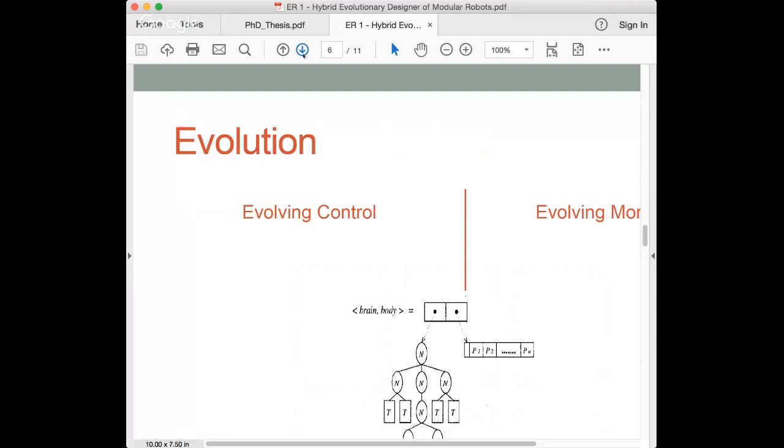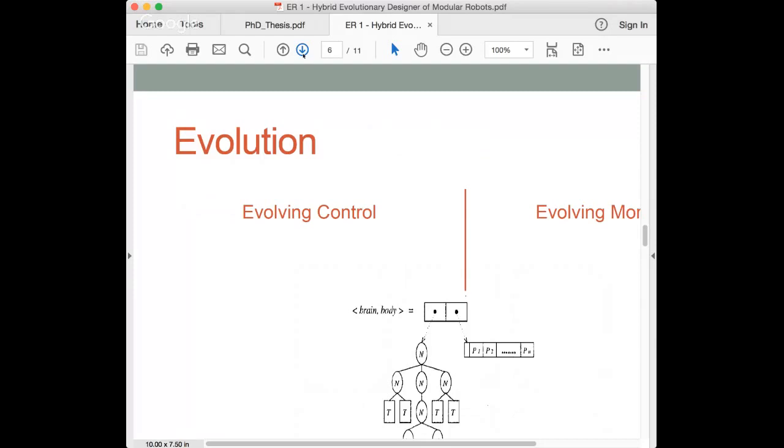The brain is represented by a parse tree structure, as you can see, to express the genotype of the robot, while the body, or the morphology, is represented by a string of real numbers. Each number represents a determining structural element in the robot that affects the behavior of the robot.